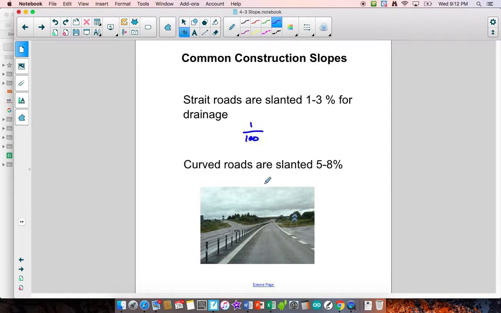Basically, you want water not to flow in the middle of the road because then it could freeze and turn to ice. You want it to drain off the road. And so every 100 inches that you run, you want to rise an inch, and that's just going to give you a slight gradual slant. That's all you need to make sure that water is running off, especially when the rain's really coming down. So 1 inch to 3 inches, maybe it's a little bit steeper.